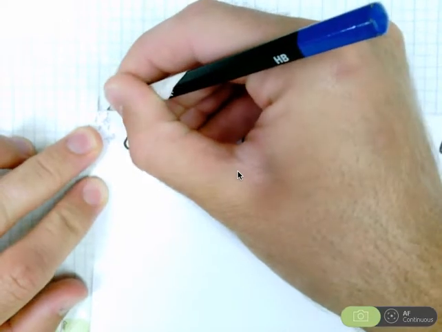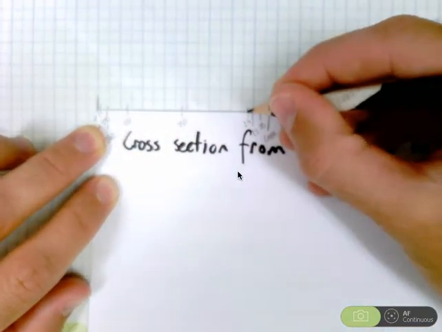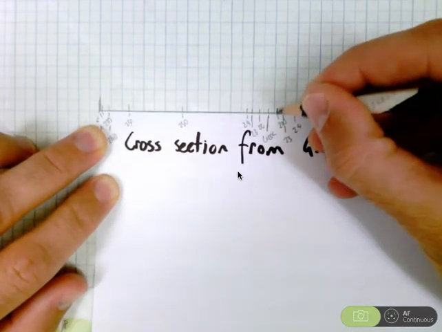You had one point here, there, there. Transfer the points from the paper onto the graph.